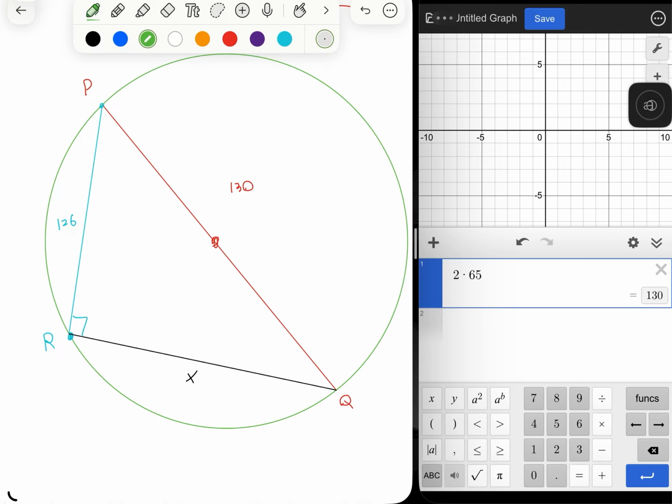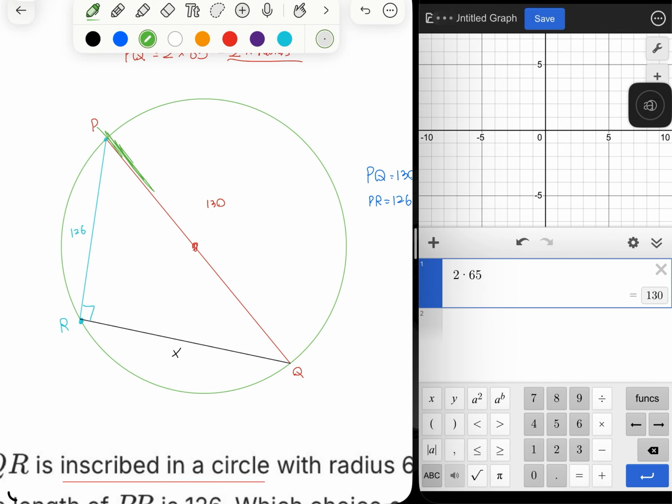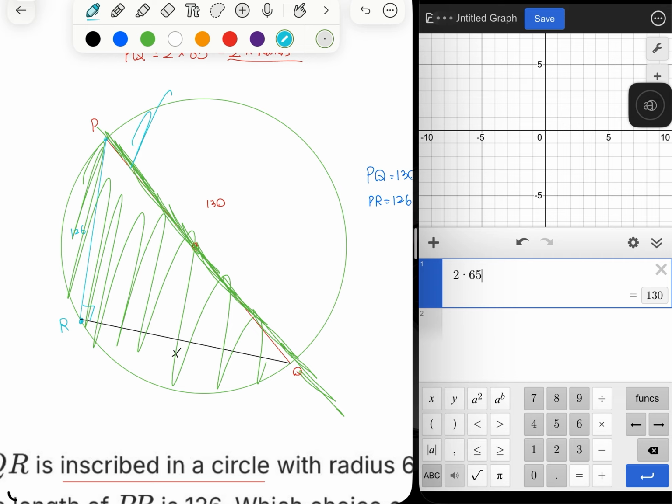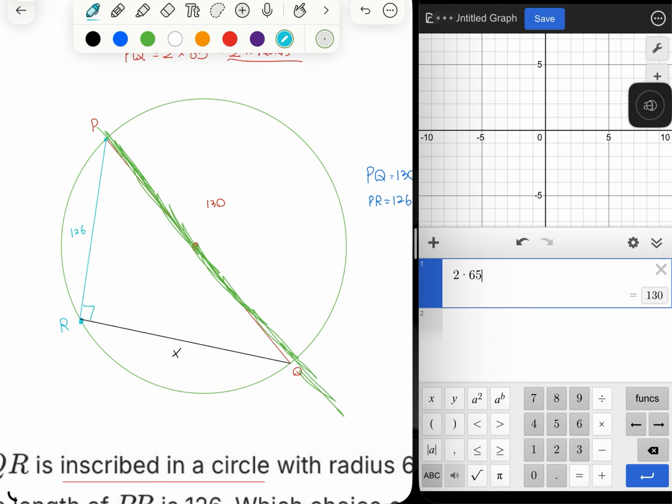Think about this. This is half the circle. We have one half over here and the other half over here. So this specific arc, and remember that a circle is 360 degrees, has to be 180 degrees.